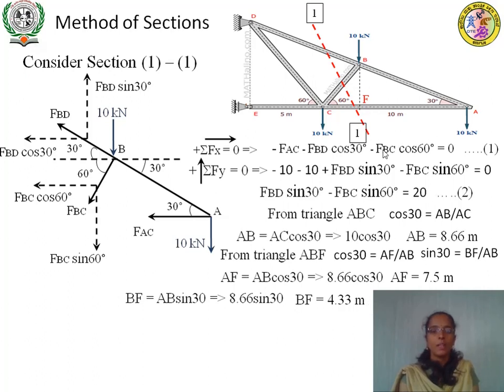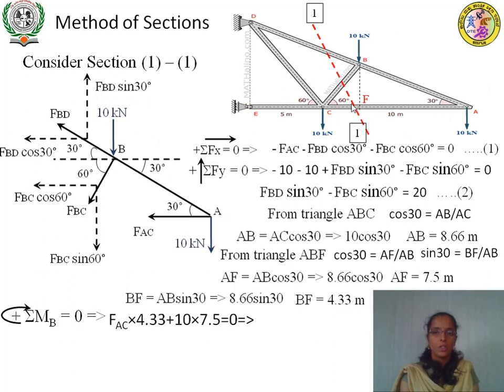Now we can apply the third equilibrium condition, that is sigma MB is equal to 0. So sigma MB equals 0, that implies FAC, force in this member AC. This is going to induce clockwise moment about B. So FAC, force in member AC, into perpendicular distance BF. BF is equal to 4.33 meter.